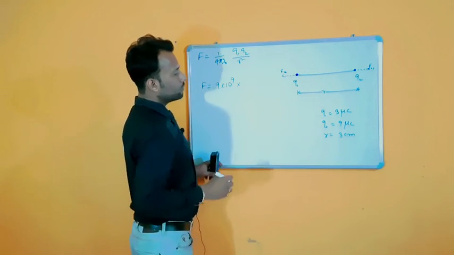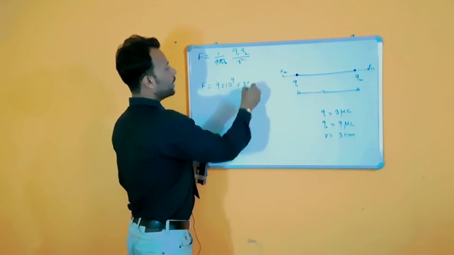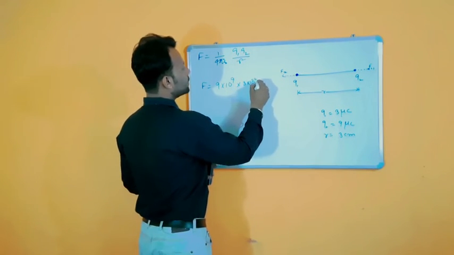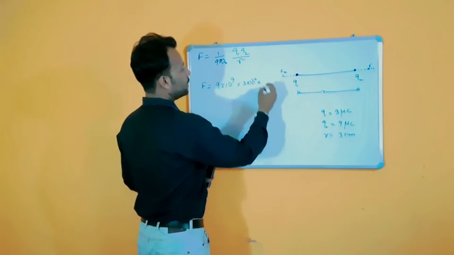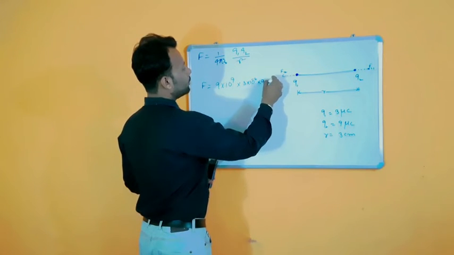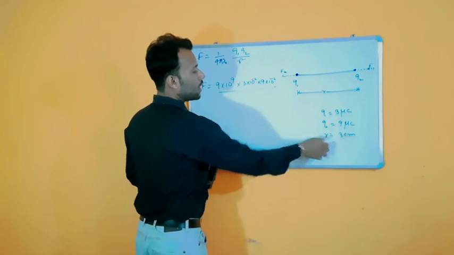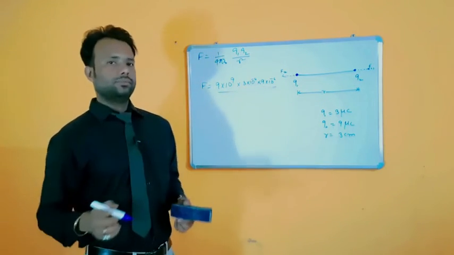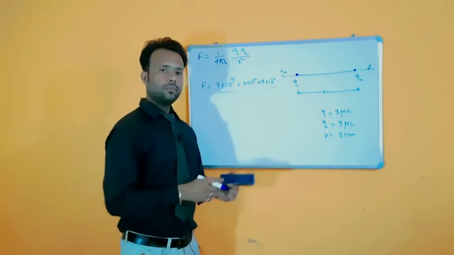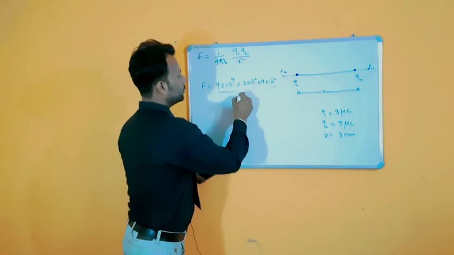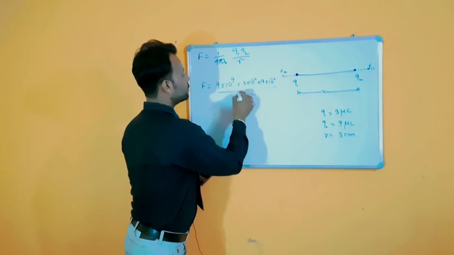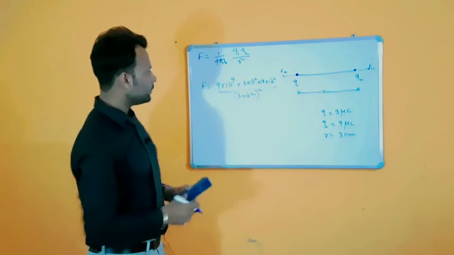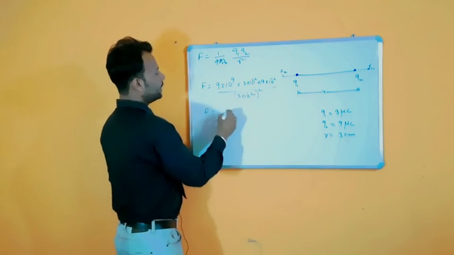Q1 is given as 3 microcoulomb, so 3 into 10 to the power minus 6, into Q2, which is 9 into 10 to the power minus 6, upon R square. R is 3 centimeter, so first convert centimeter to meter, because all of these quantities are in MKS. So 3 into 10 to the power minus 2, and then square it.